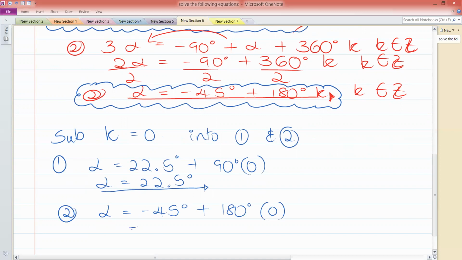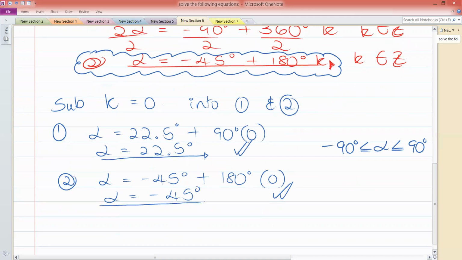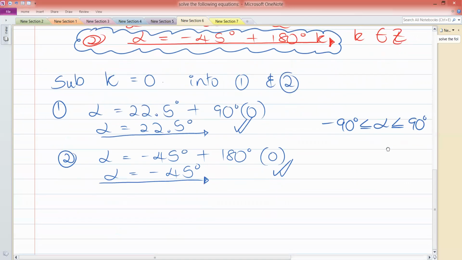You're multiplying by 0, so it's negative 45 degrees. Now, these two values, do they fall within the range of negative 90 to 90? Yes. 22.5 is less than 90, and negative 45 is greater than negative 90. So both of these are valid. These are the first two answers that we're going to get.